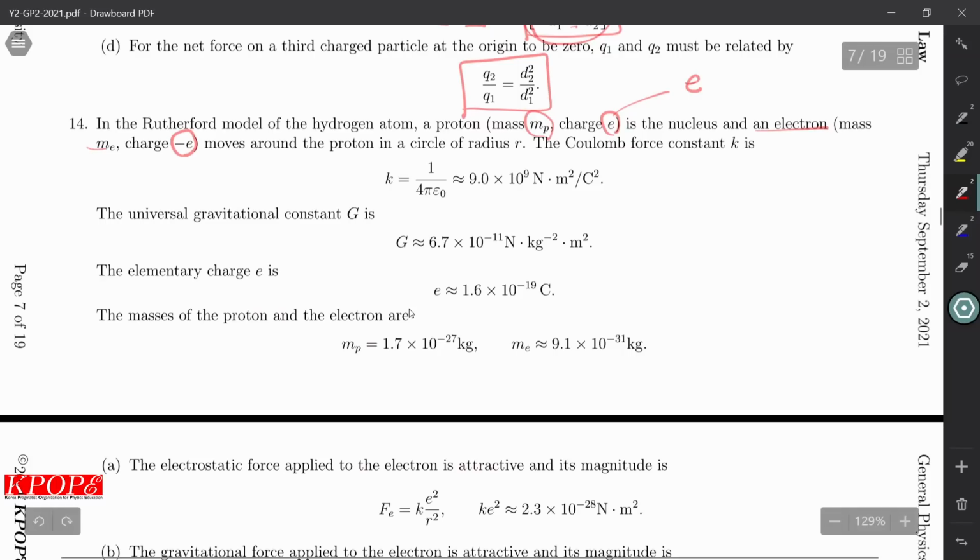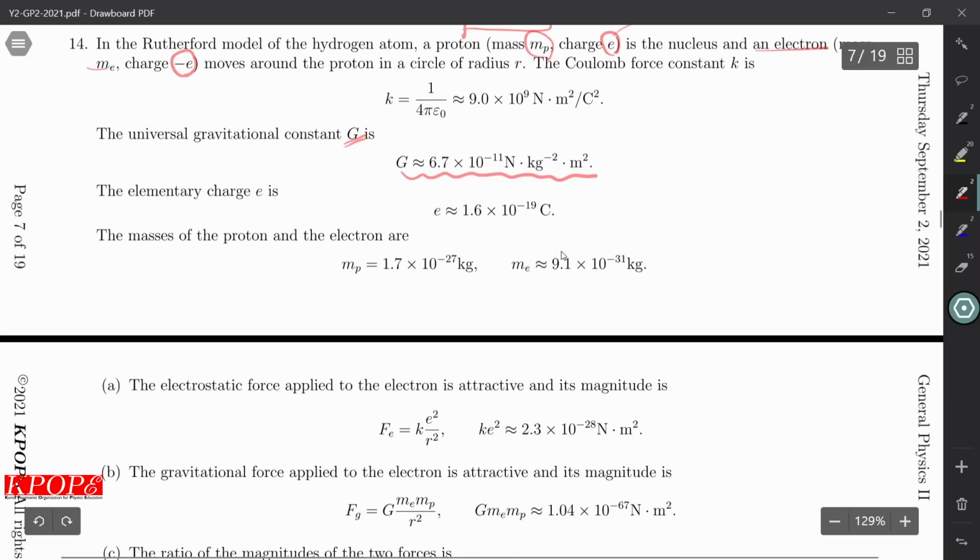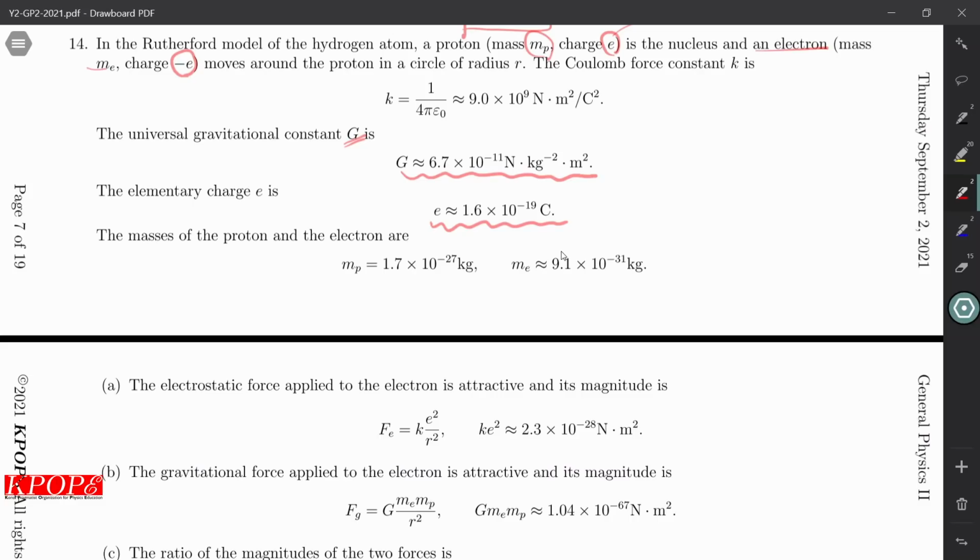The Coulomb force constant K is approximately 9.0 times 10 to the 9 newton meter squared per coulomb squared. The universal gravitational constant G is given in this way. The elementary charge e is 1.6 times 10 to the minus 19 coulomb.